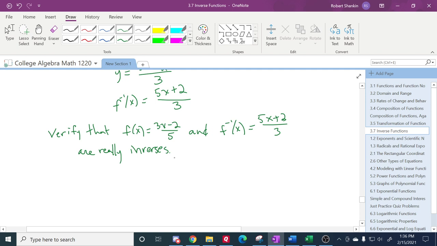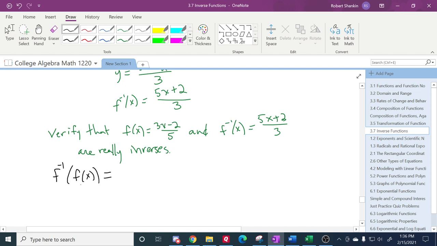Now, for you to verify this, and you can do this in either order, f inverse of f of x, or you could do the f inverse one inside and the f on the outside. Either order.